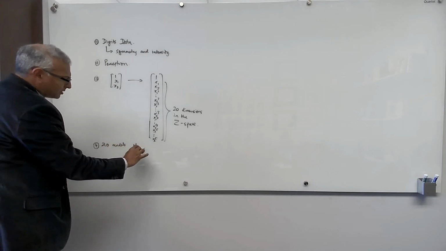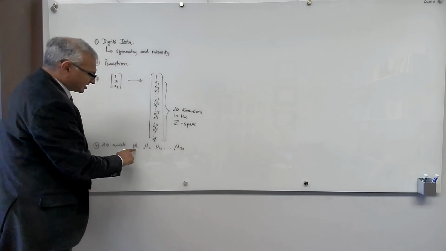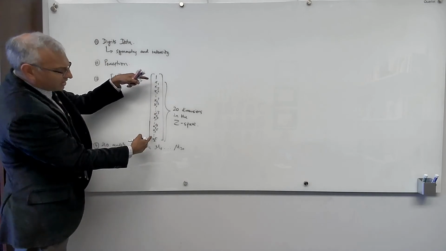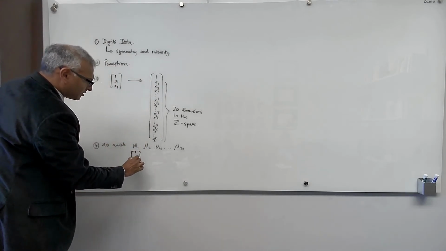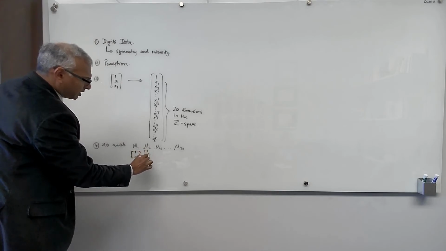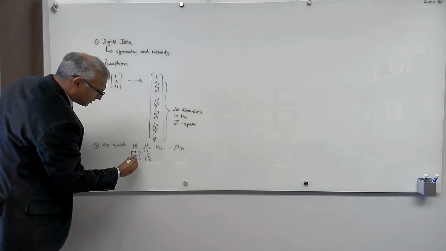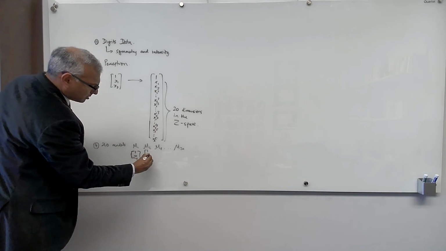M1, M2, M3, up to M20. What's this? M1 is just using 1, x1. So I'm just using one of my available 20 features in my Z space. And then M2 uses 1, x1, x2. Let me actually call these Z1, Z2 up to Z20. I'm going to use Z1, Z2.